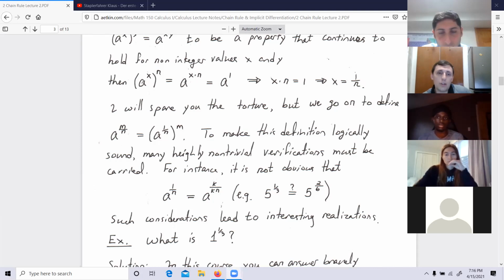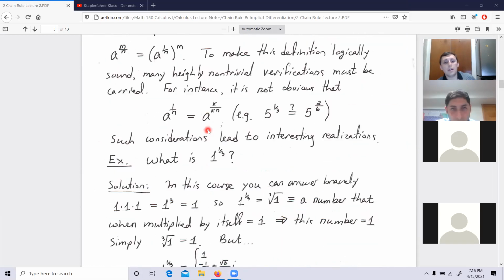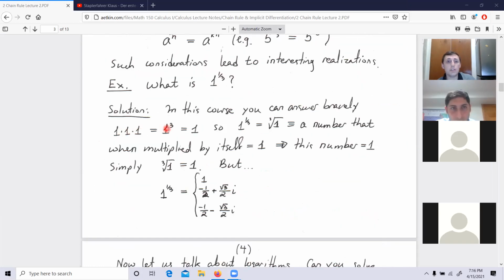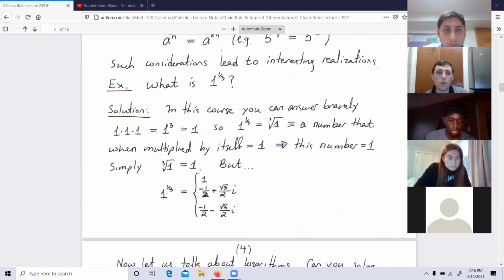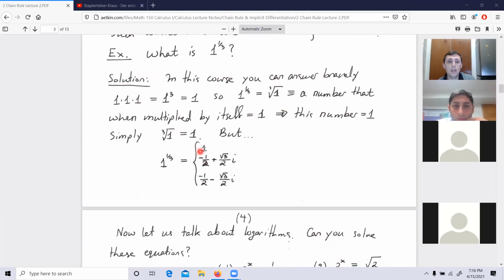Or maybe you think if I ask it, it means that you definitely have to write something weird. Okay, so a lot of you would have written the number 1. 1 is correct. 1 times 1 times 1 is 1 cubed. But in fact, there are 3 numbers that will, when you cube them, produce 1. So a cube root of 1: there is 1, there is minus 1/2 plus root 3/2 i, where i is root of minus 1, and minus 1/2 minus root 3/2 i.